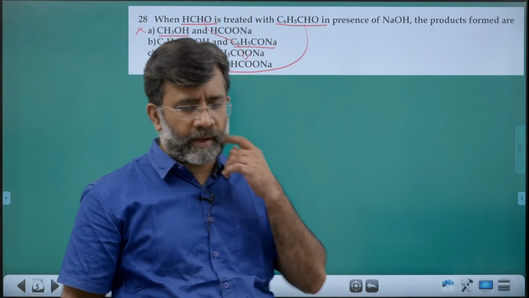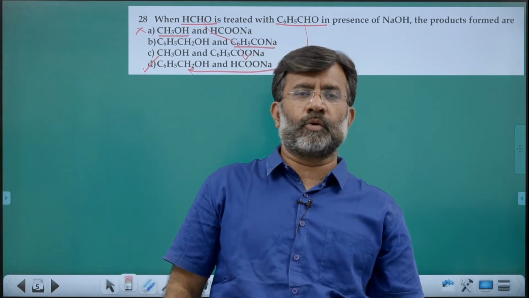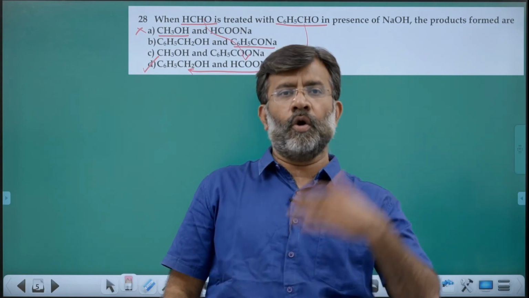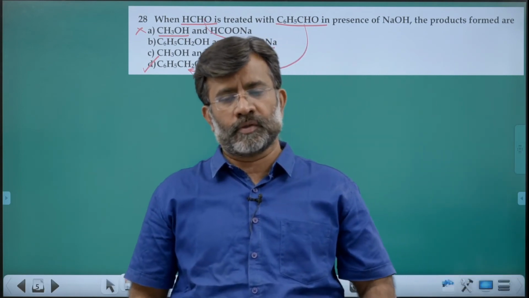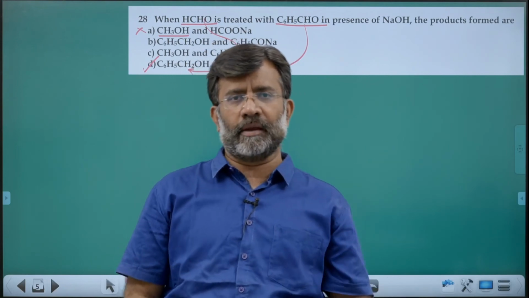See, formaldehyde is a good reducing agent. Relatively, formaldehyde is a good reducing agent and itself it will undergo oxidation easily. So formaldehyde reduces benzaldehyde to benzyl alcohol.